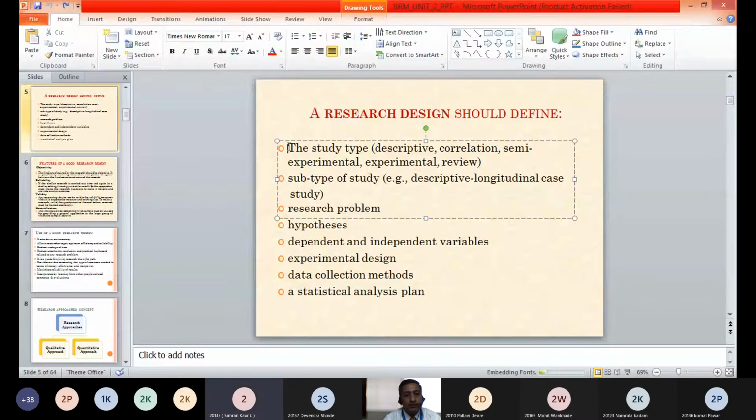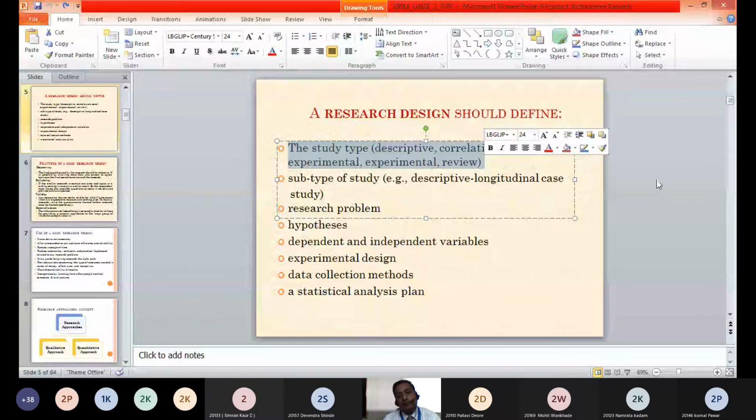First thing, it should include the study type. So it should state what type of study it is. Is it a descriptive study, or a correlation, semi-experimental or experimental study, or review? What type of study is it? So the researcher should state the study type first in the research design.